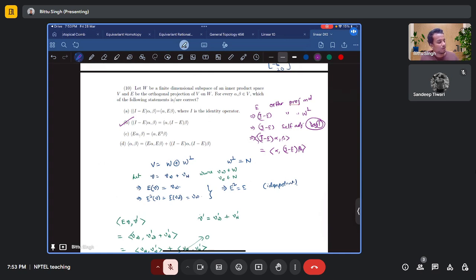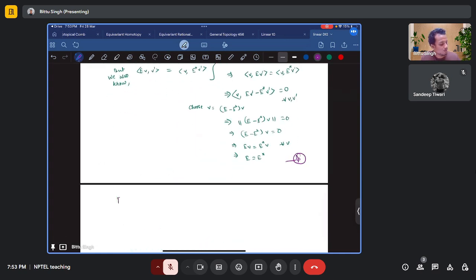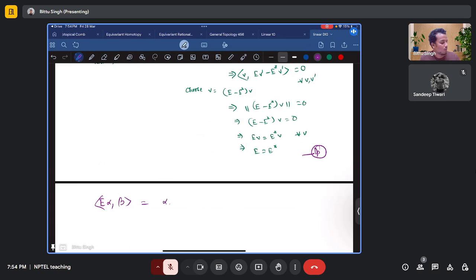Now E alpha comma beta, this is also easy to see, right? E alpha comma beta is the same as alpha comma E beta.